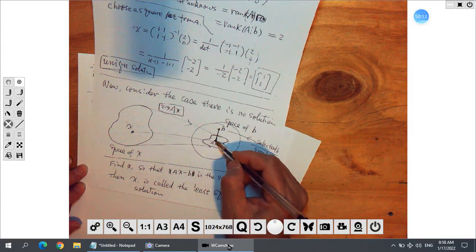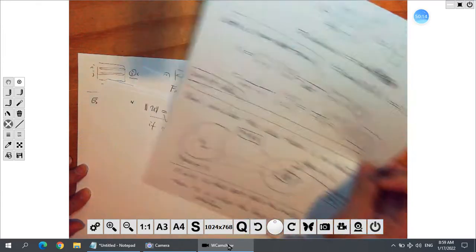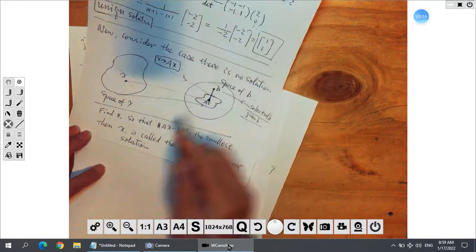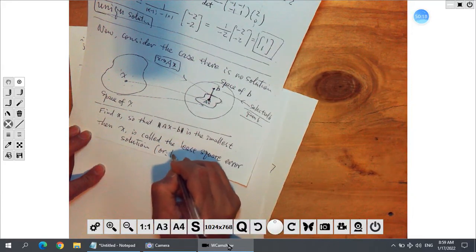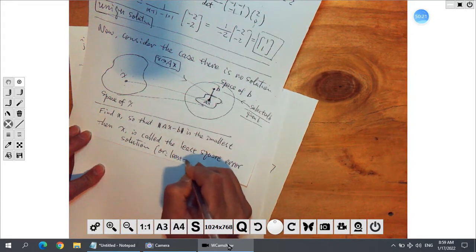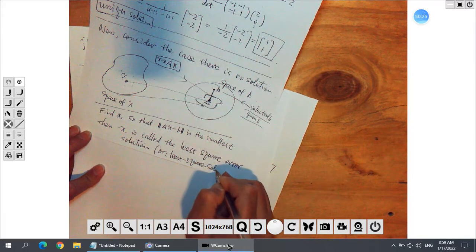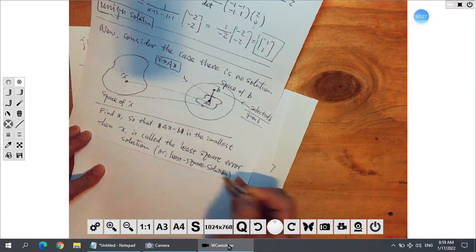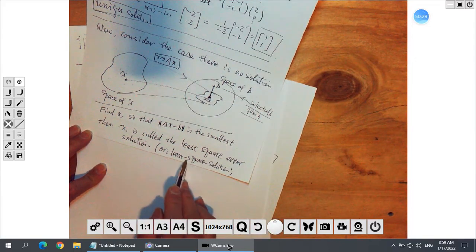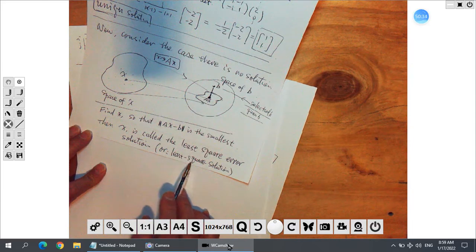So this is a least square error solution, or just the least square solution. Some people just call it the least square solution. I think in our textbook the name is least square solution.